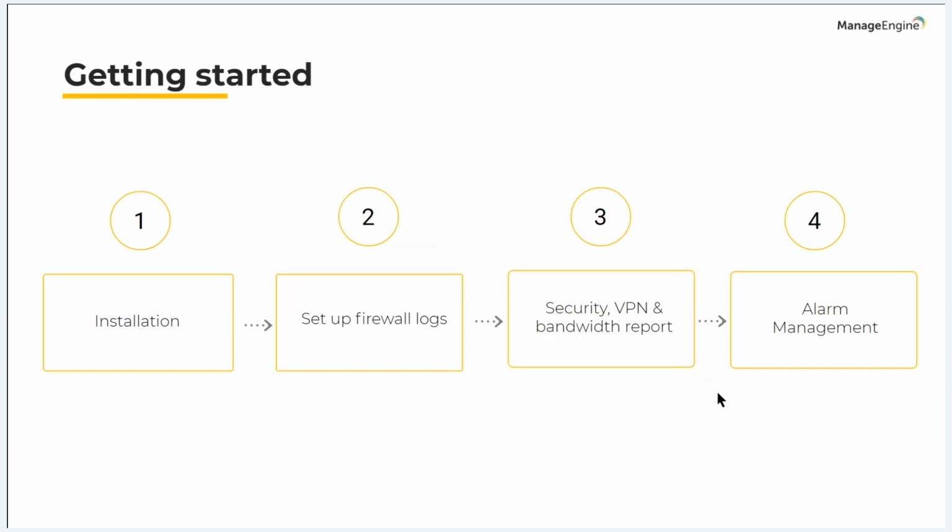All right, so let us look at some of the basic installation and configuration requirements to fetch firewall logs into Firewall Analyzer. So the first step would be to install the tool, that is to install Firewall Analyzer on your system. And the installation requirements will be shared with you, or you can even check them out directly on our website. And once you have installed the tool, the second step you need to do would be to fetch the firewall logs.